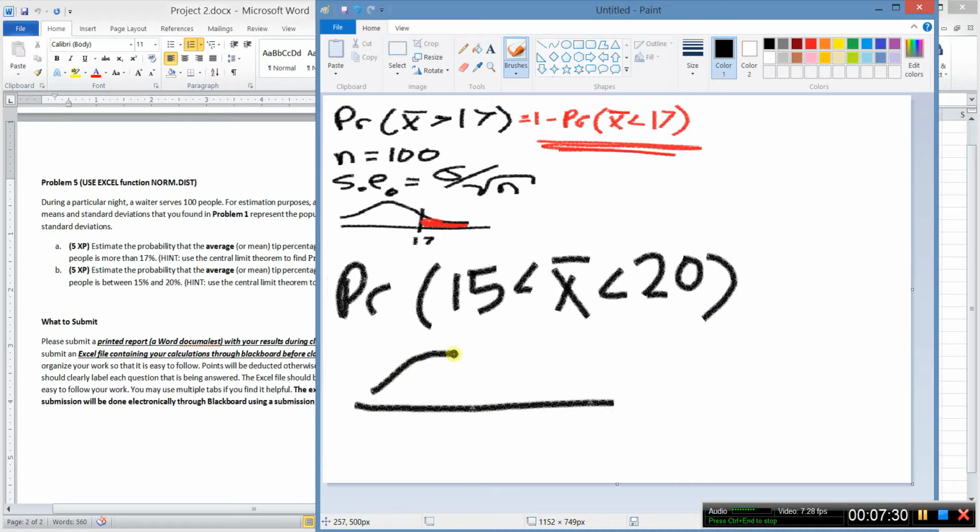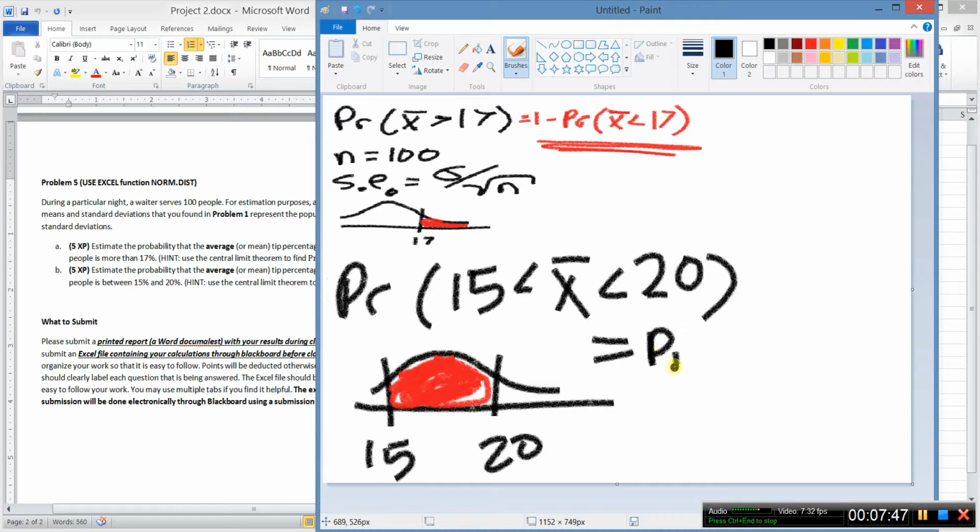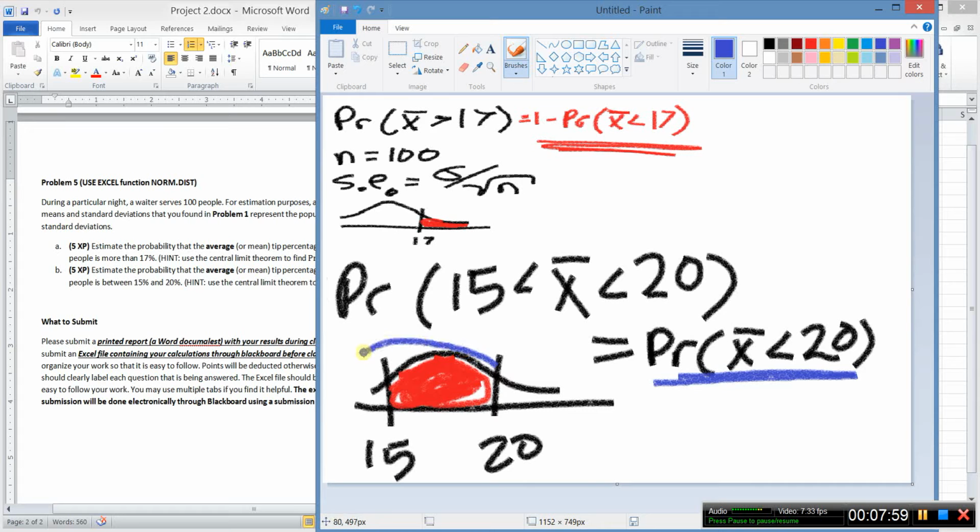Alright, so if here's 15 and here's 20, we're trying to find this area in between. Okay? So I can use our trick where we say this is the same thing as the probability x bar is less than 20. And the probability x bar is less than 20 would be all of the area in this direction, including the area that's less than 15.